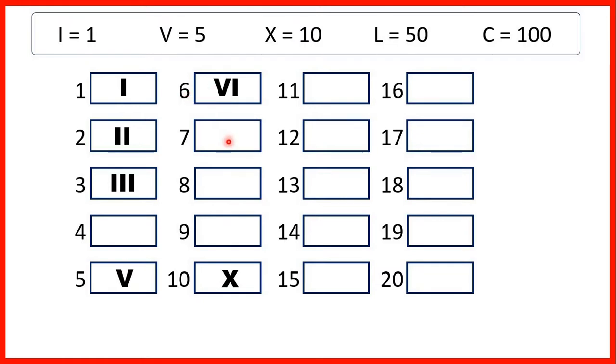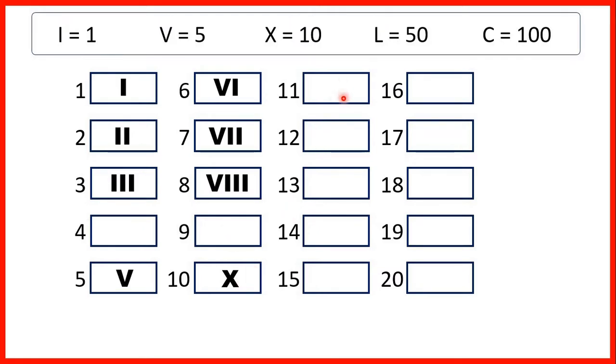Now for 7, they thought of that as being 5 and 2 1s, so they wrote V and then 2 I's. For 8, they thought of 5 and 3 1s, so V and then 3 I's. And then again for 9, they did something a bit different, so we'll come back to that in a moment.